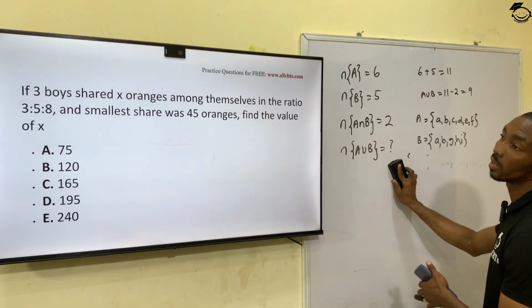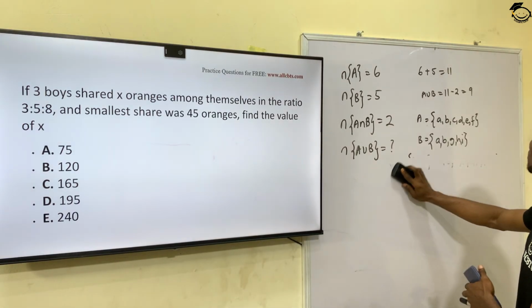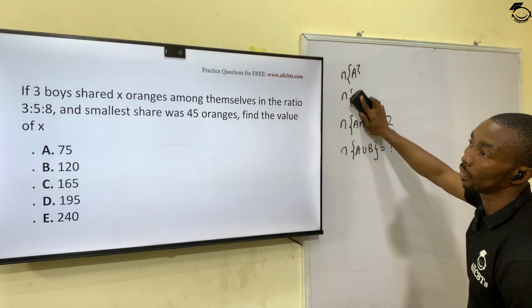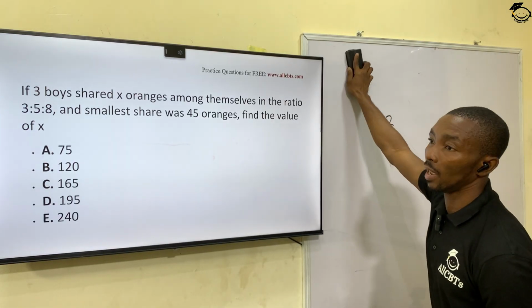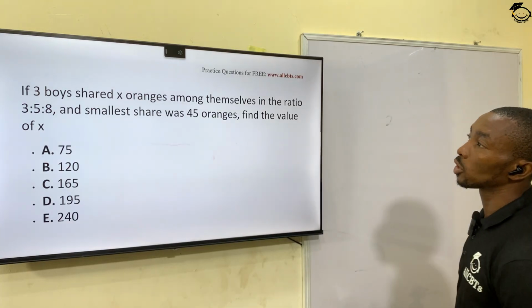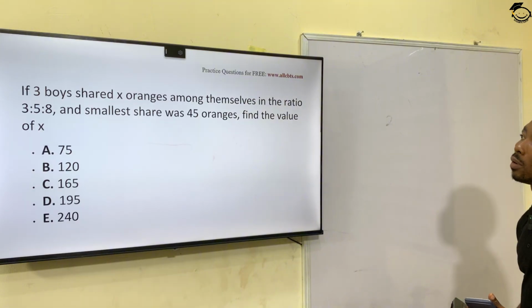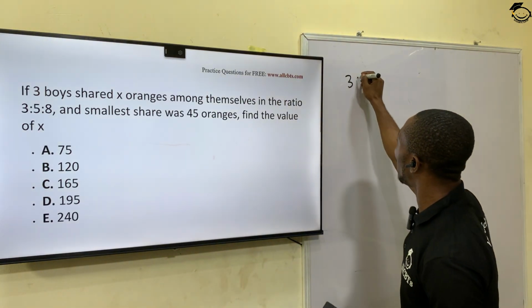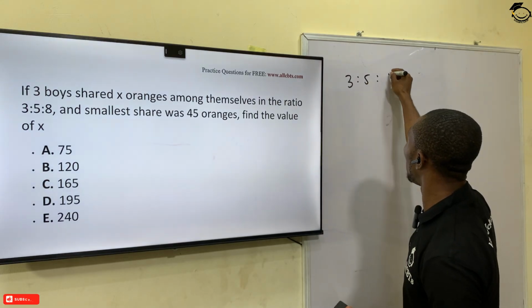Now, 3 boys shared X oranges among themselves in the ratio of 3, 5, 8, and the smallest share was 45 oranges. Find the value of X. Now, we have our ratio as 3, 5, and 8.